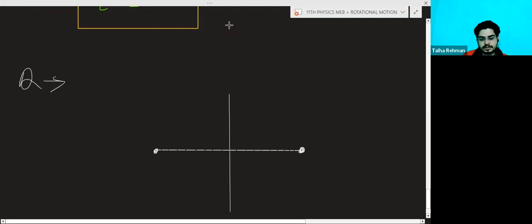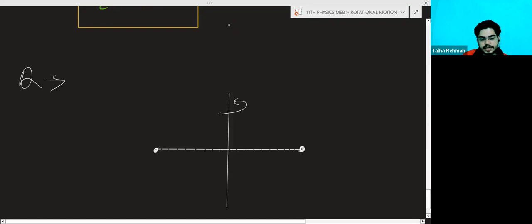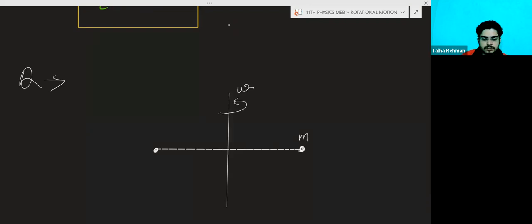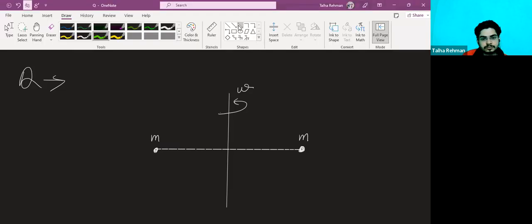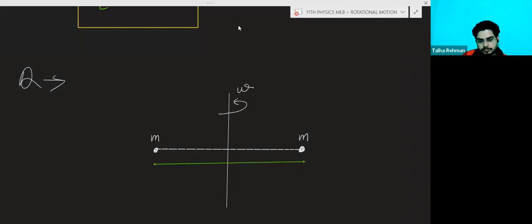This is an axis, about which both the masses are rotating with an angular velocity of omega. And the distance between the two masses is capital L.